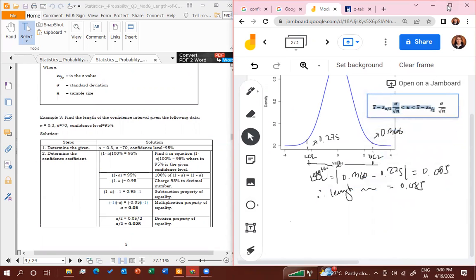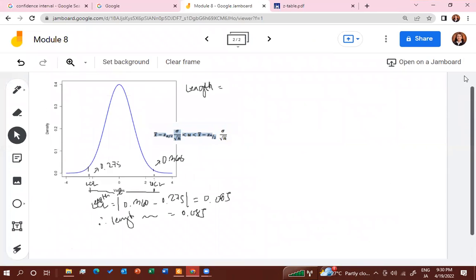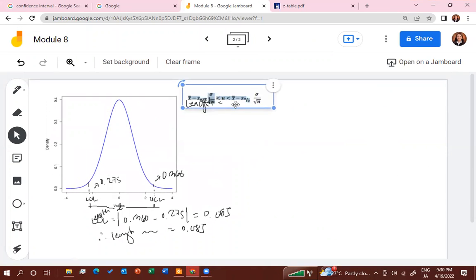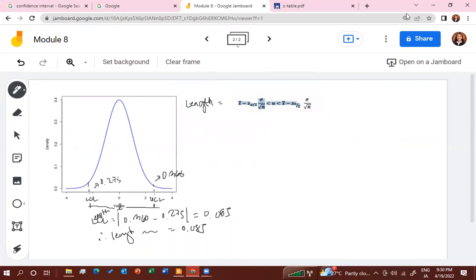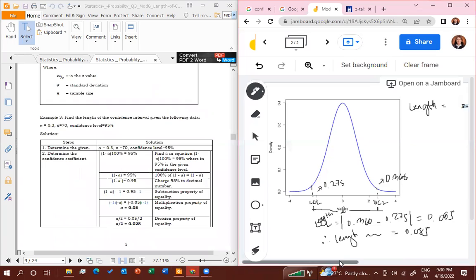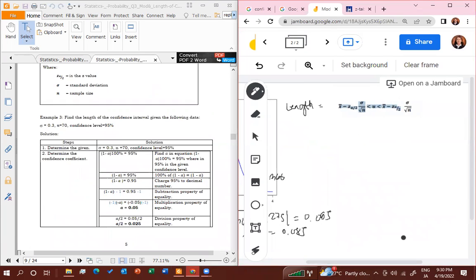We put it here. So we have it step by step. We have the given.